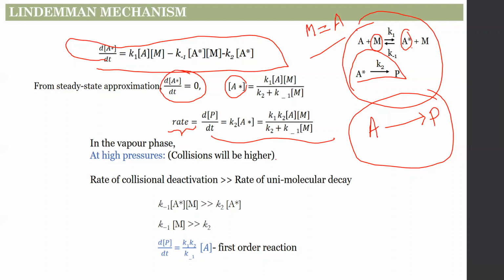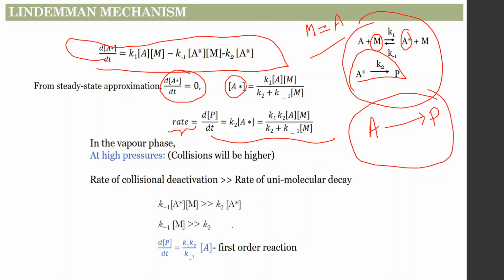One point to note is that at high pressures, the rate of collisional deactivation, k minus 1, is greater than the rate of unimolecular decay, k2. Collisional activation is k1.